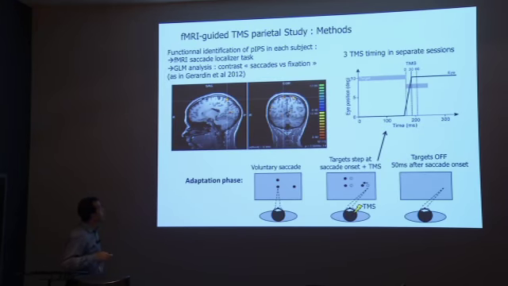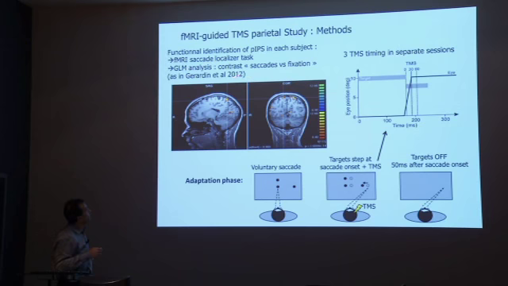We used fMRI-guided TMS. That means we used fMRI data in order to put the TMS coil precisely on the PIPS in each of our subjects.